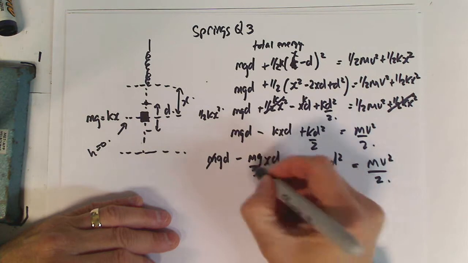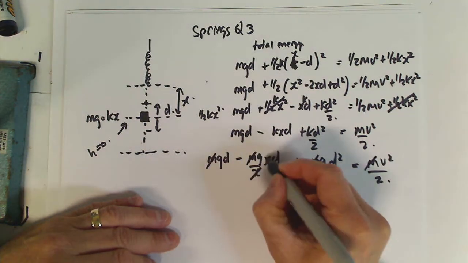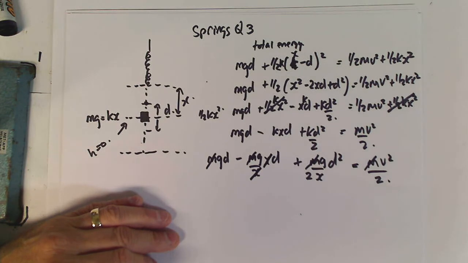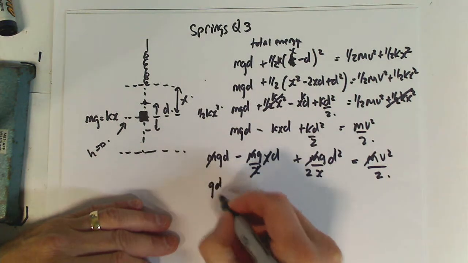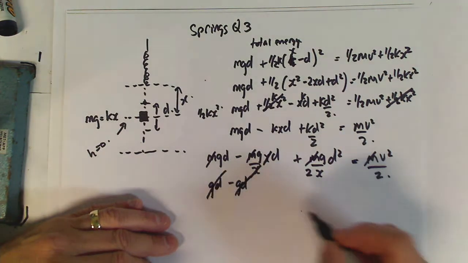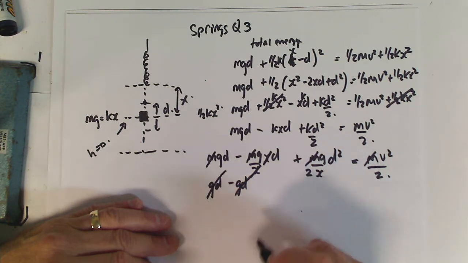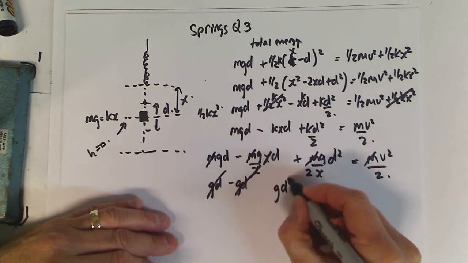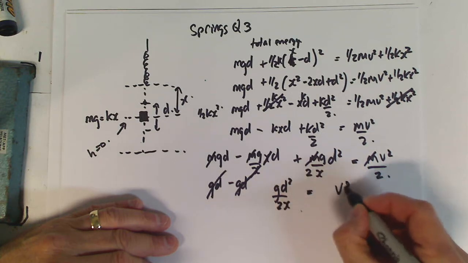Here we go, we can get rid of the m's now, lucky us. And we can also get rid of the x's on that one. And what are we left with? We're left with gd minus gd, that's nice, that one's gone, plus gd squared over 2x equals v squared over 2.